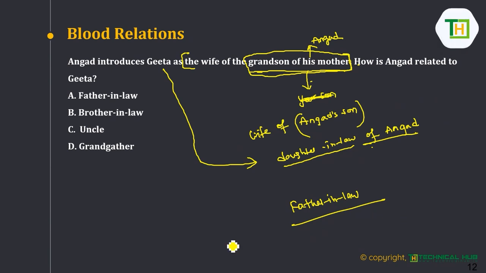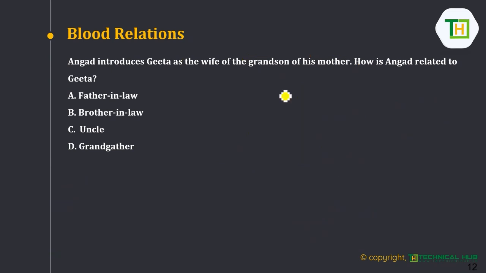See, observe here. If you want me to explain again, I'll do it. First, Angad is making a statement by introducing Geeta. The statement given by Angad is: the wife of the grandson of his mother. His refers to Angad here because Angad is saying this.